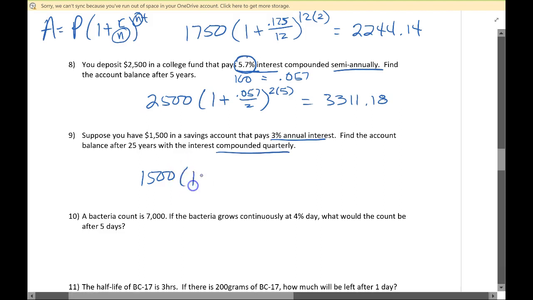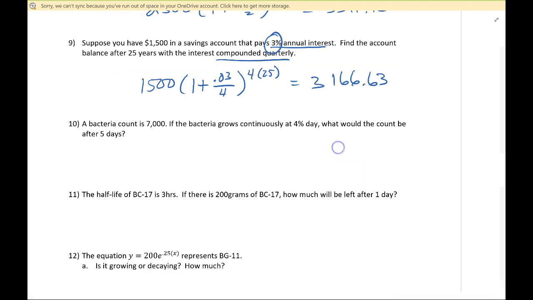So again, we use 1 plus, convert this to a decimal, 0.03 over 4, and then 4 times 25, because it's over a 25-year period. And when calculated in the calculator, you should get $3,166.63.